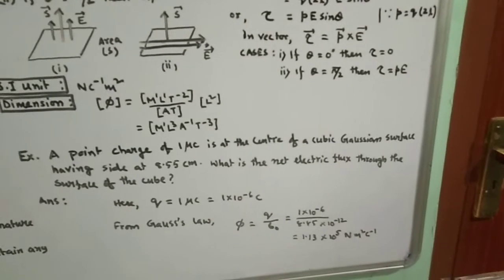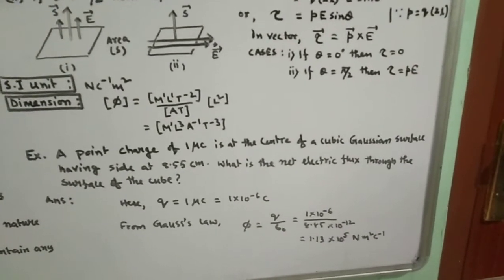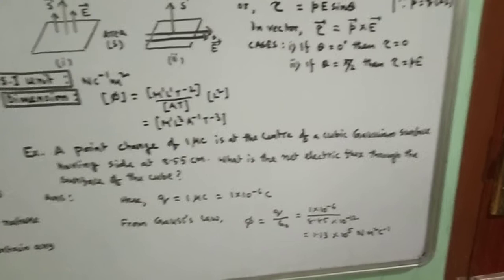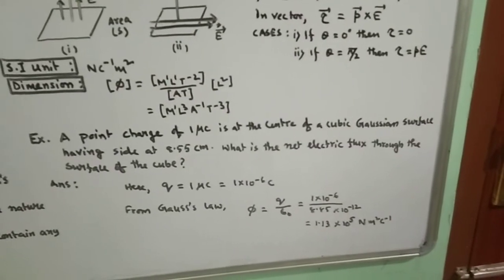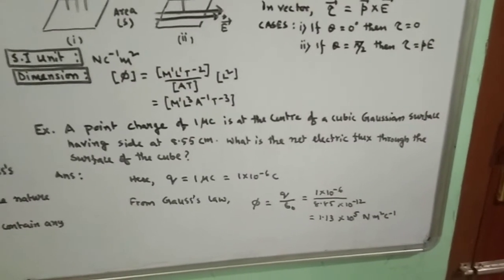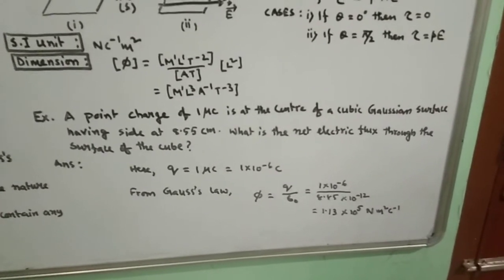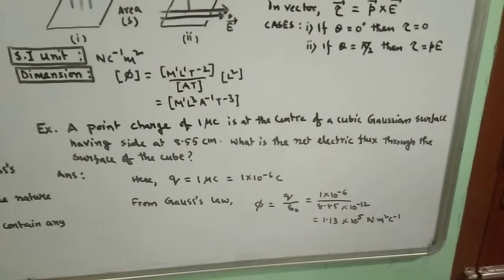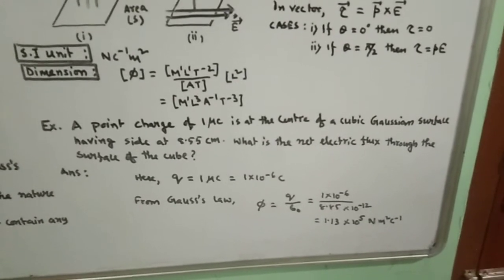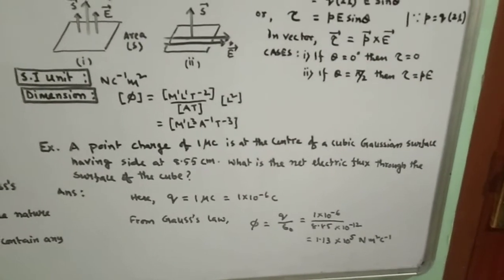If we substitute 1 into 10 to the minus 6 and the value of epsilon naught, 8.85 into 10 to the minus 12, then you will get 1.13 into 10 to the 5 newton meter square per coulomb. This is very simple, as you only have to substitute the values.